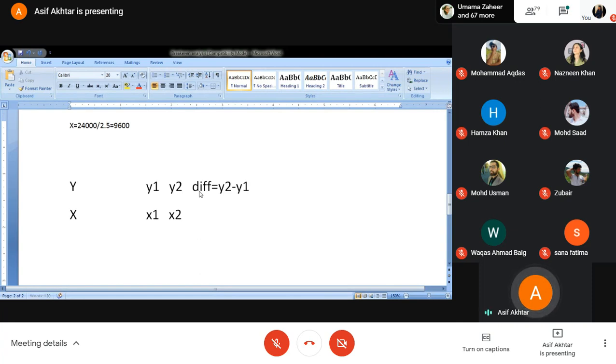Similarly, the difference of x will become x2 minus x1. So y2 minus y1 upon x2 minus x1. What is differentiation? Differentiation is knowing the change in one variable, that is y, with respect to x.